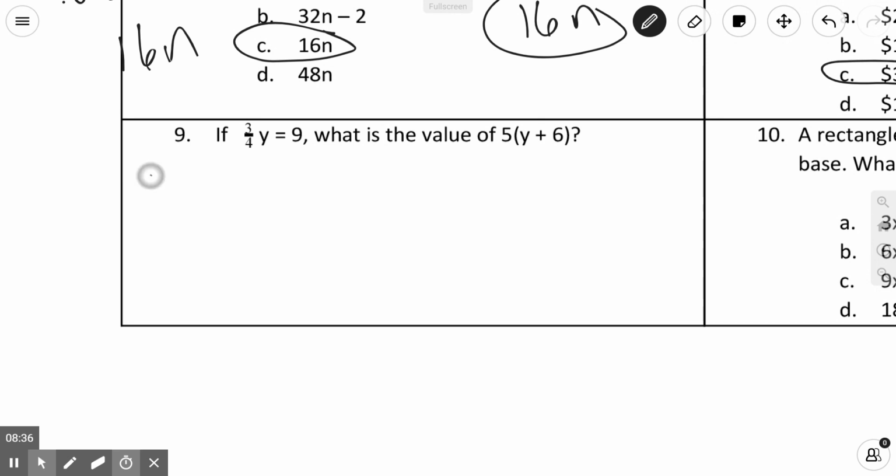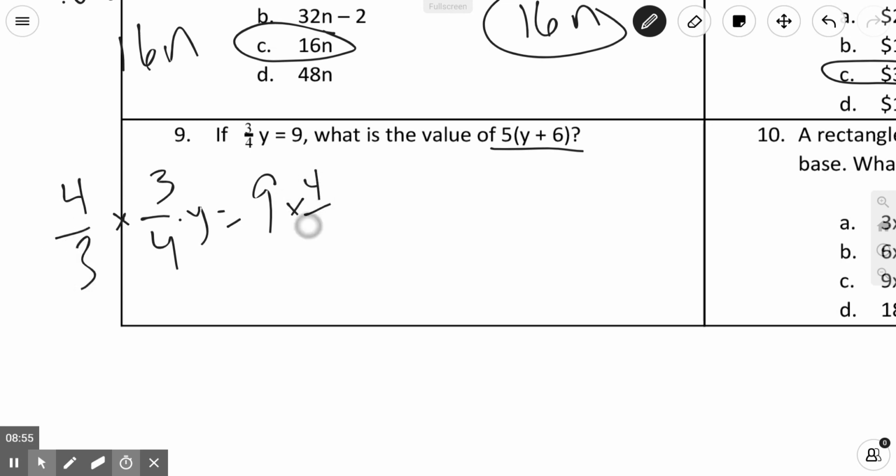If 3/4 y equals 9, what is the value of 5y minus 6? So remember when we do this, if I multiplied my fraction, then I flip the reciprocal 4/3 and multiply 4/3. So this cancels out because it's numerator, denominator, and it's a whole. This cancels out because it's numerator, denominator, and it's a whole.